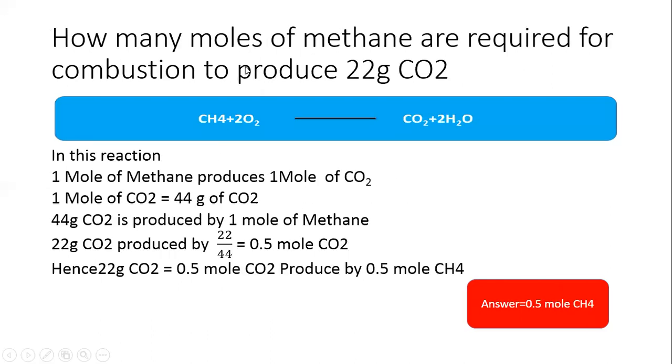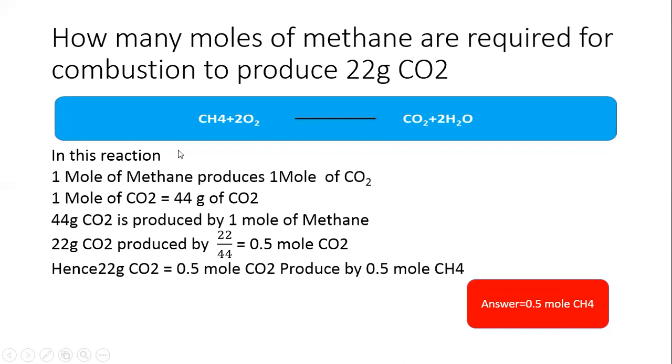Next, how many moles of methane are required for combustion to produce 22 gram CO2? So first we write the combustion equation of methane: CH4 plus 2O2 equals CO2 plus 2H2O.